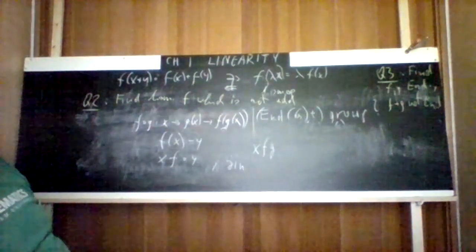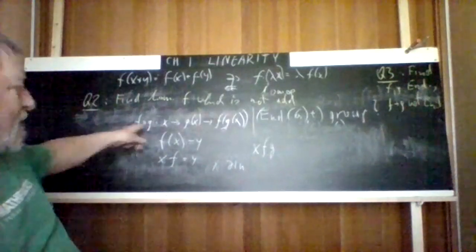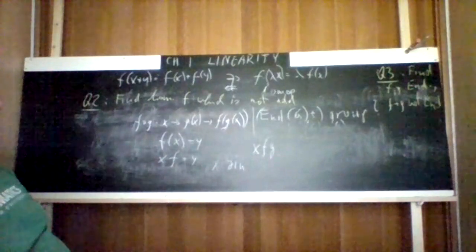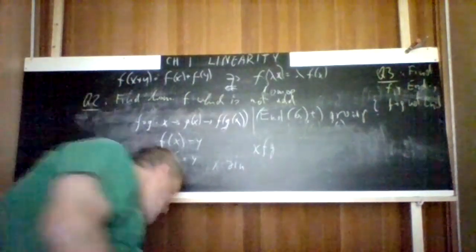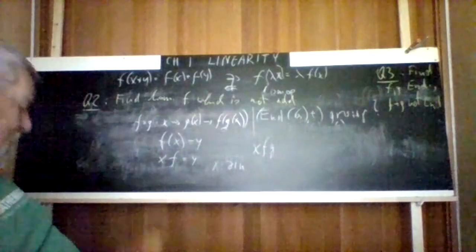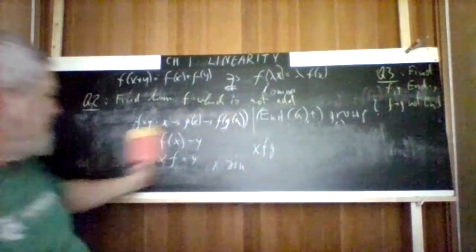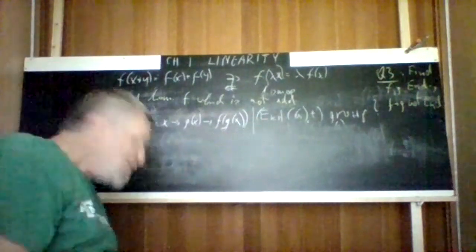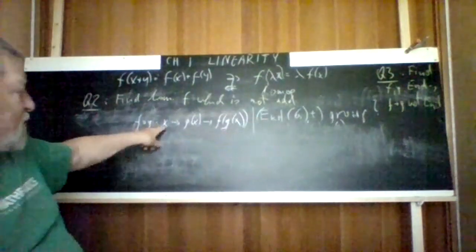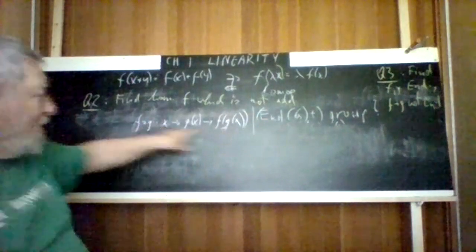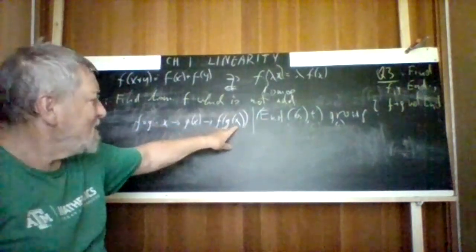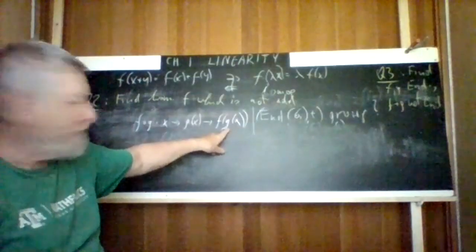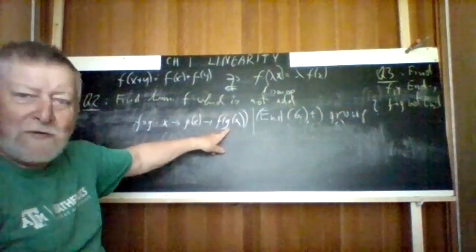Okay, what happens now if we take two endomorphisms and compose them? You can almost see with your bare eyes that if we take f composed with g and apply this to x plus y, we have an x plus y here first, and we can make it to g of x plus g of y because g is an endomorphism.